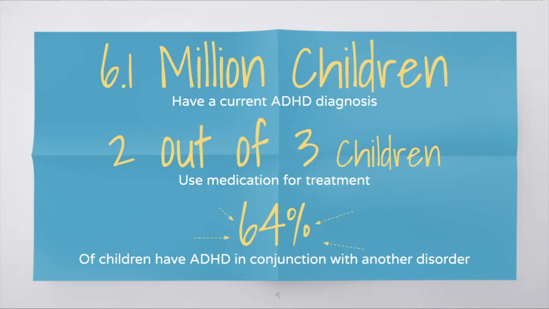And 2 out of every 3 children are currently on medication for ADHD, and 64% of children have ADHD in conjunction with another disorder. Students that have ADHD tend to struggle with anxiety, depression, some are autistic, and a common symptom that is associated with ADHD is having behavioral issues. And that tends to appear in 54% of children that have ADHD.